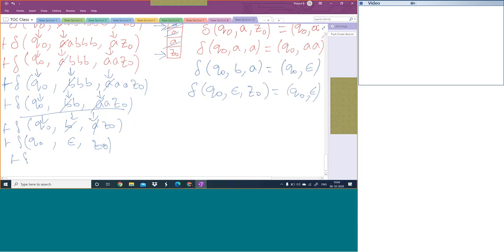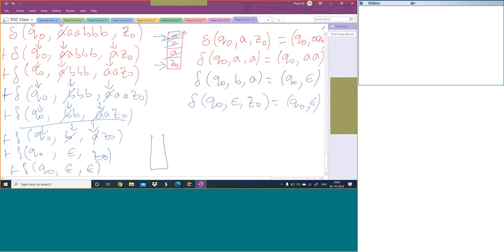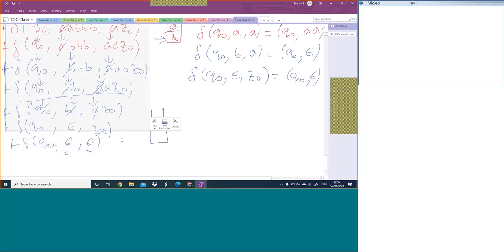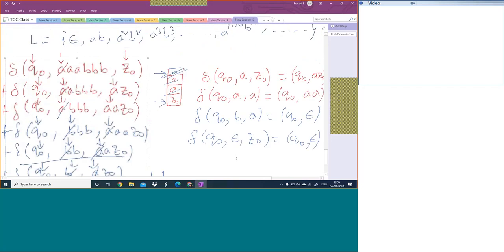So with string empty and stack Z0, delete the stack. Okay, the stack is deleted, string empty, stack empty, means this is accepted. So guys, this is the verification for A cube B cube using this design.